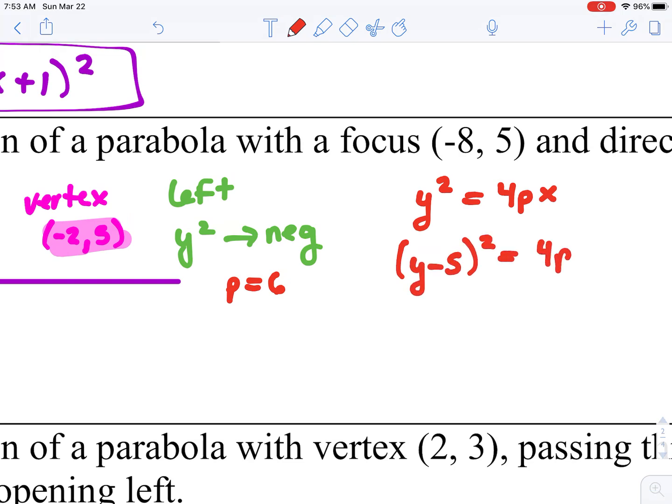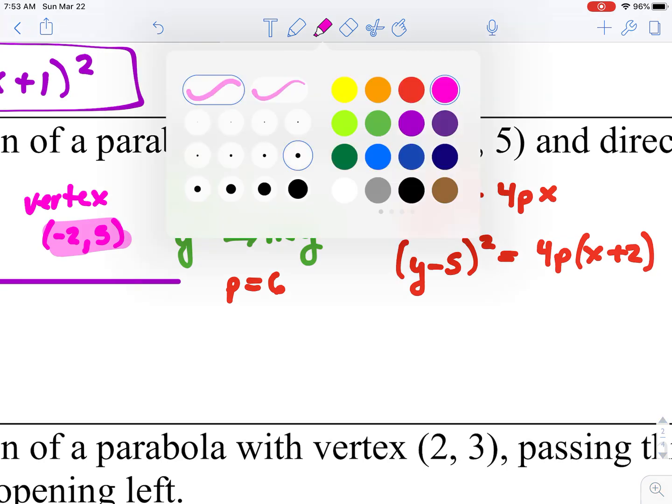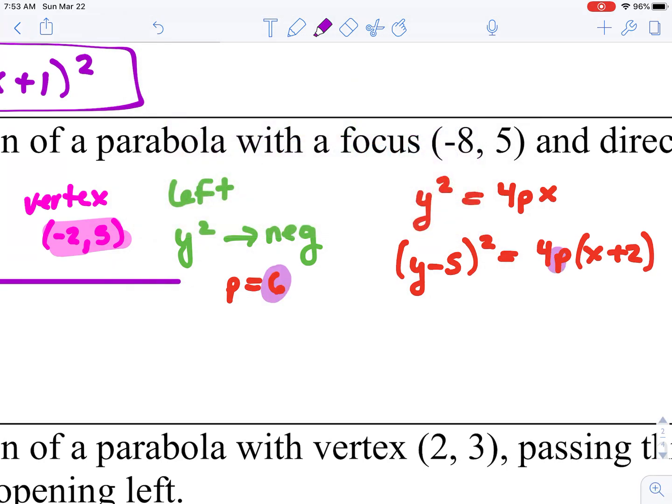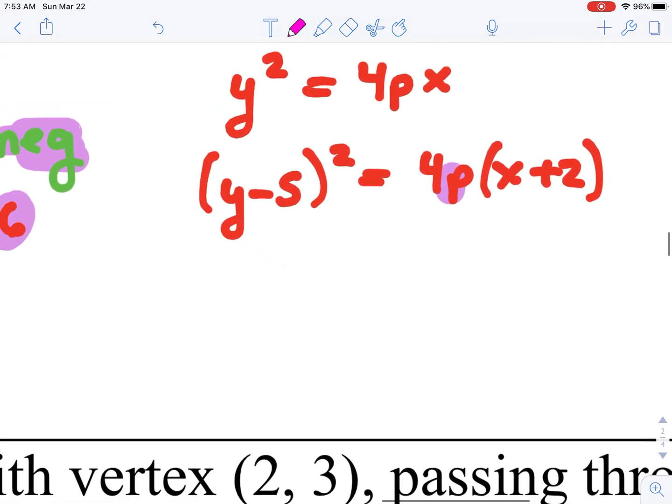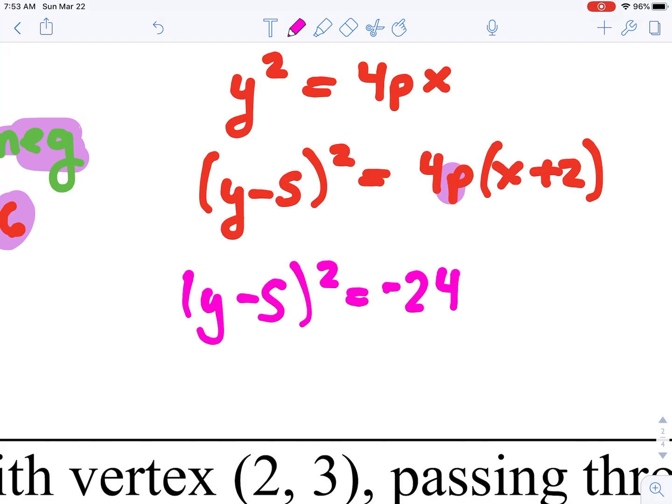And then I have my 4p, and then x, opposite of negative 2, is a positive 2. Now, if we put in our p-value, which is 6, but we remember it has to be negative, we will have 4 times 6 is 24, but remember to make it negative because we want to show that the graph is opening to the left.